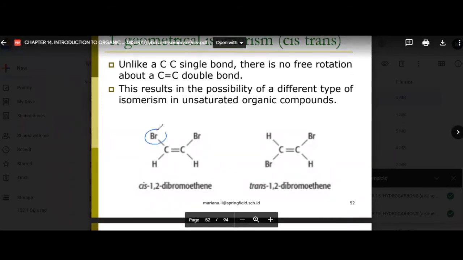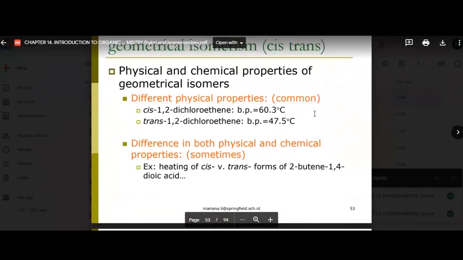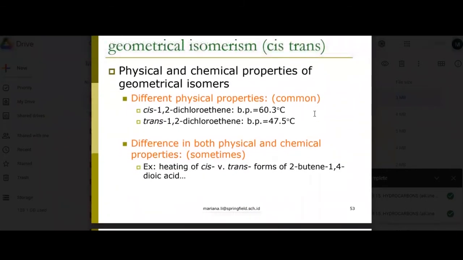Cis isomerism arises if the same groups are at the same side. Okay, this is cis. But if the positions are opposite each other, it gives trans isomerism. The cis and trans isomers differ in physical properties.